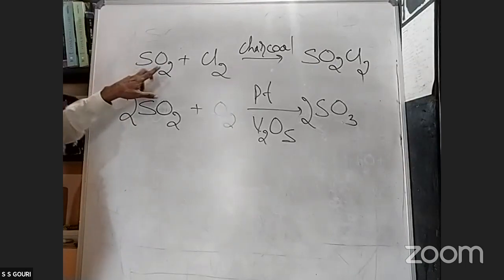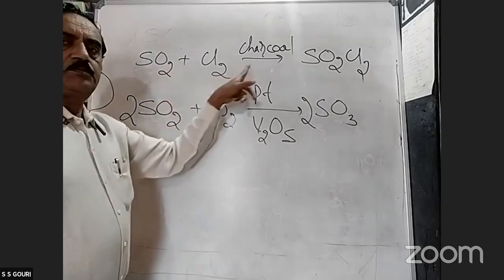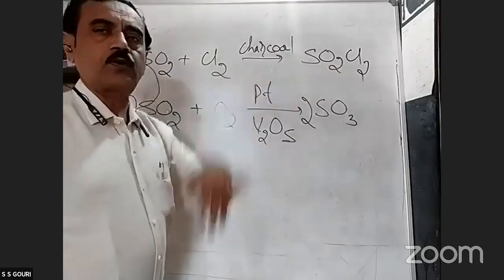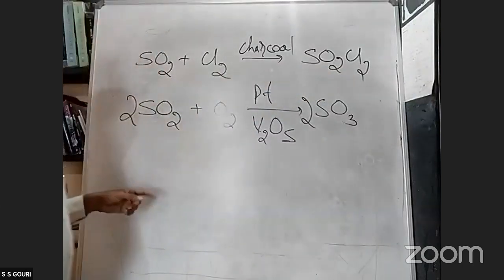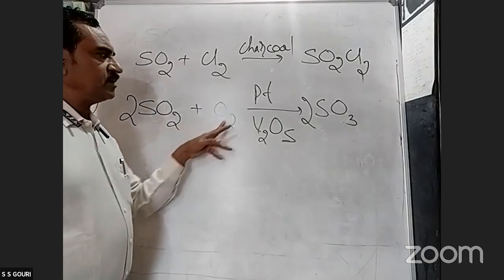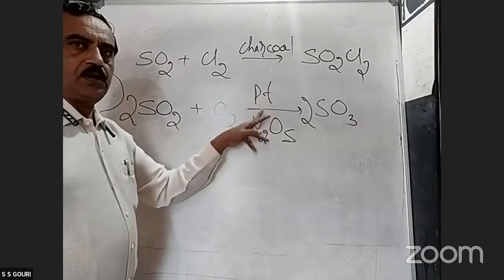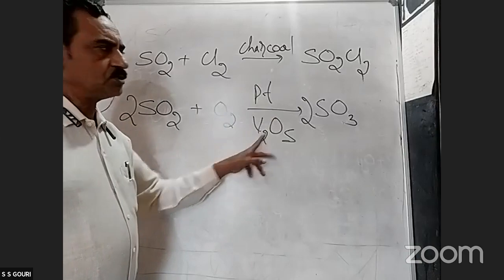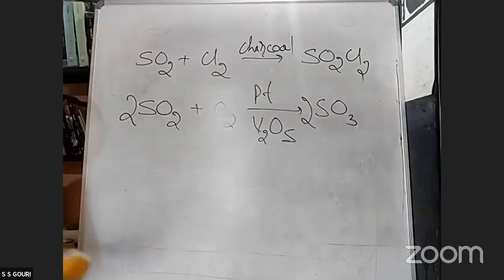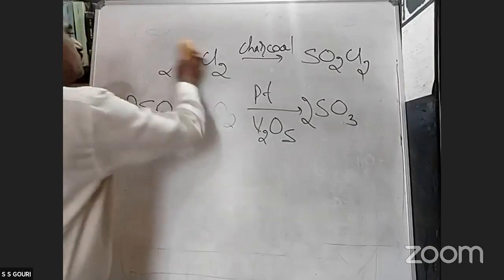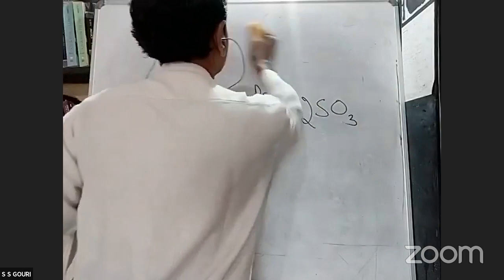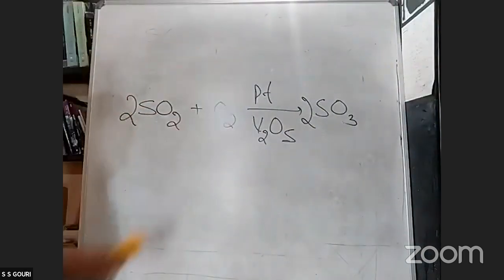Sulfur dioxide reacts with chlorine in presence of charcoal to form sulfuryl chloride. Sulfur dioxide reacts with oxygen in presence of platinum or vanadium pentoxide catalyst to form sulfur trioxide. These are addition reactions of sulfur dioxide.